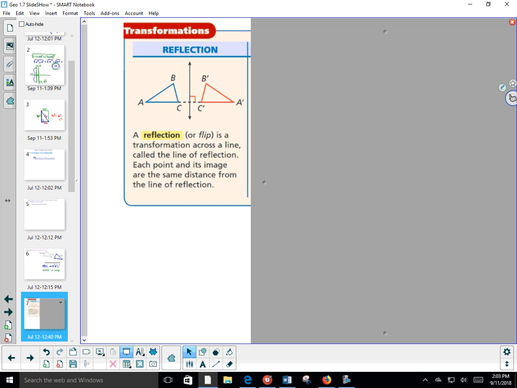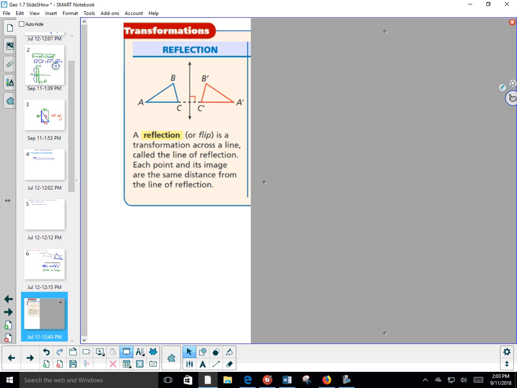Well, the mirror would really be the line of reflection. It wouldn't be the transformation itself. Does that make sense? Because mirror is kind of a noun. Let's go with reflection. Okay. So a reflection is a transformation across a line called the line of reflection. You could call that line of reflection a mirror if you'd like.